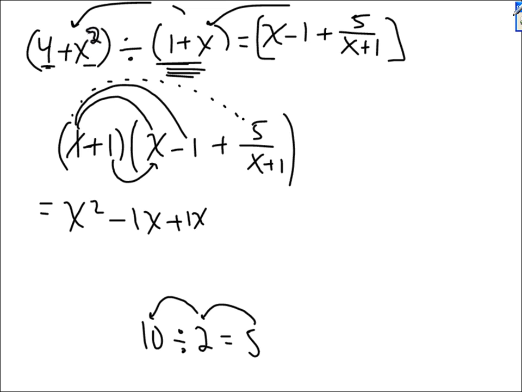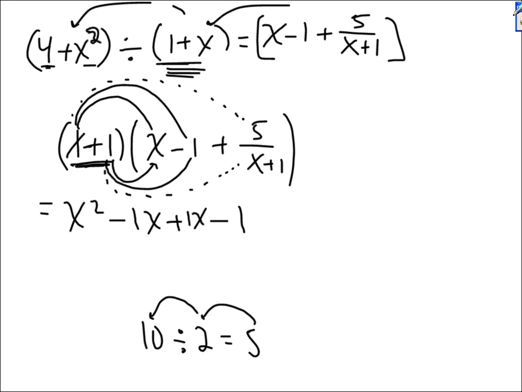Oh, that's 1x. I need to multiply positive 1 by negative 1, which is negative 1. And I need to multiply the 1 by the 5 over x plus 1. In fact, I didn't multiply any of this by the 5 over x plus 1.